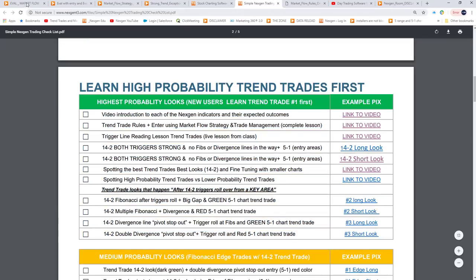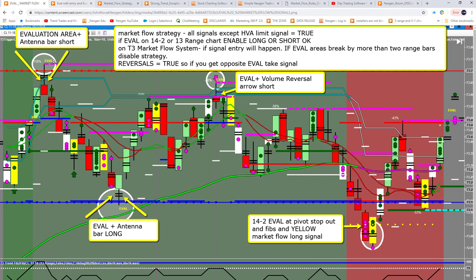So again, when you get an evaluation and you turn on your market flow, you can get these trades from the top, you can get these trades from the bottom, and conceivably a choppy market becomes a very, very profitable trading environment for you instead of waiting for the breakout and waiting for the market to start trending again.